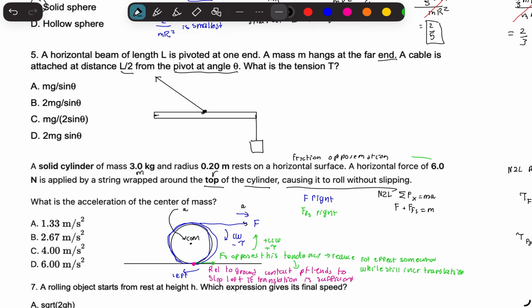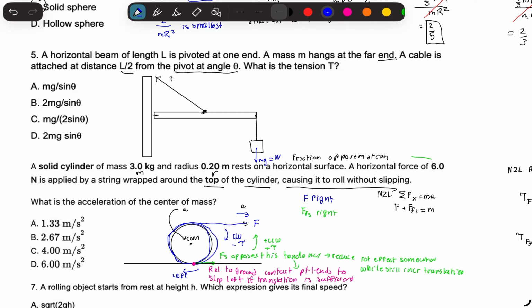What is the tension T? So your answer, we can get this from looking at the torque of the hanging mass. So it's going to have an mg downward.